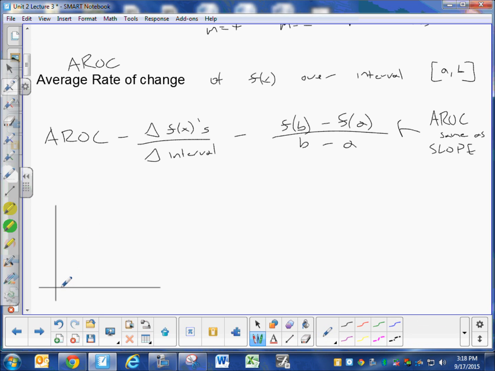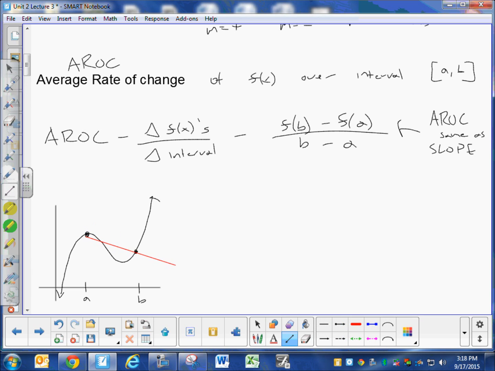Quickly, to show you graphically what average rate of change means, if you draw a function and say you want to find the average rate of change of the function between this interval a and b, all you need to do is find the point at a and the point at b, connect the two with a line, and find the slope of that line. That gives you the average rate of change of your function.